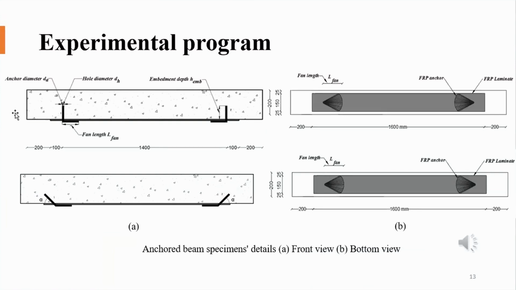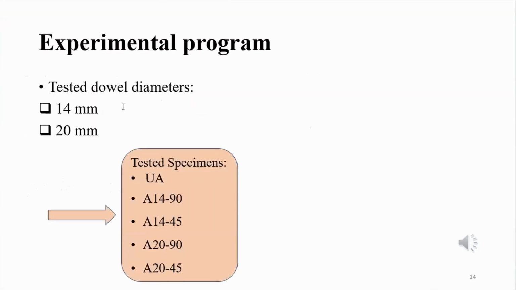One of the specimens was left unanchored to act as a benchmark, and the other 4 specimens were anchored with different configurations. 2 of the specimens had anchors of 14 millimeter, and the other 2 had anchors of 20 millimeter.